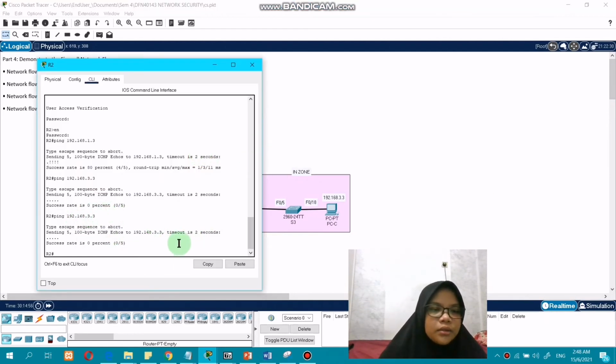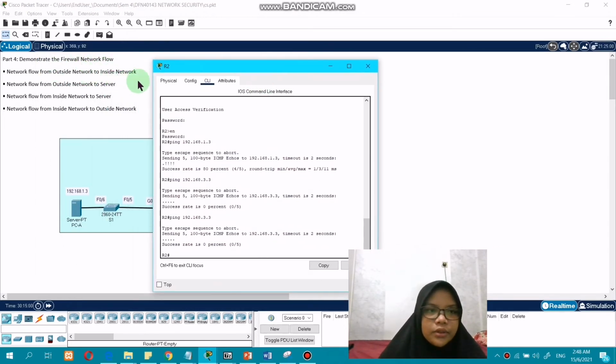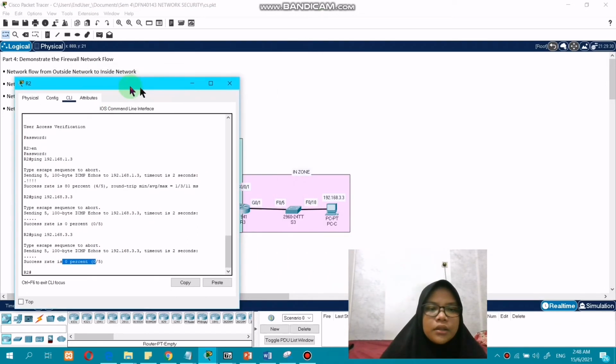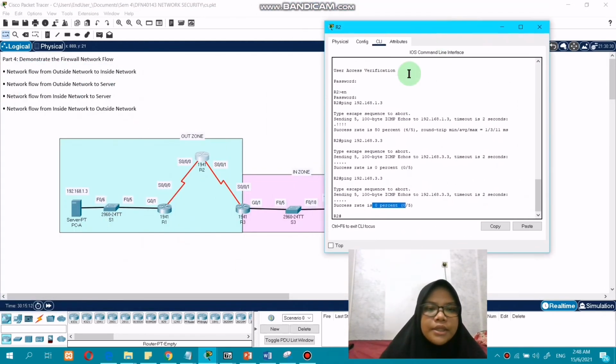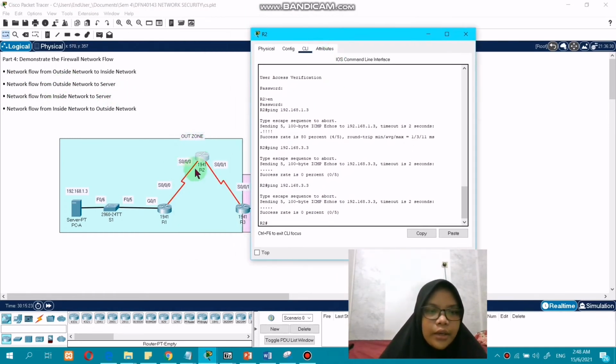So for the first, outside network to inside network, the success rate is 0/5. So it was not successful, the outside zone cannot enter the inside zone. So we go to the network flow from outside network to server. So the outside network, which is the out zone, pings the server.